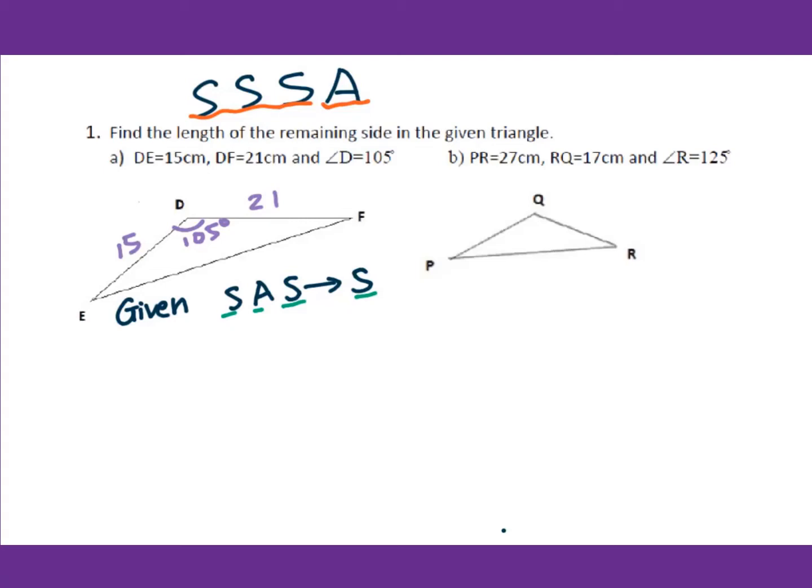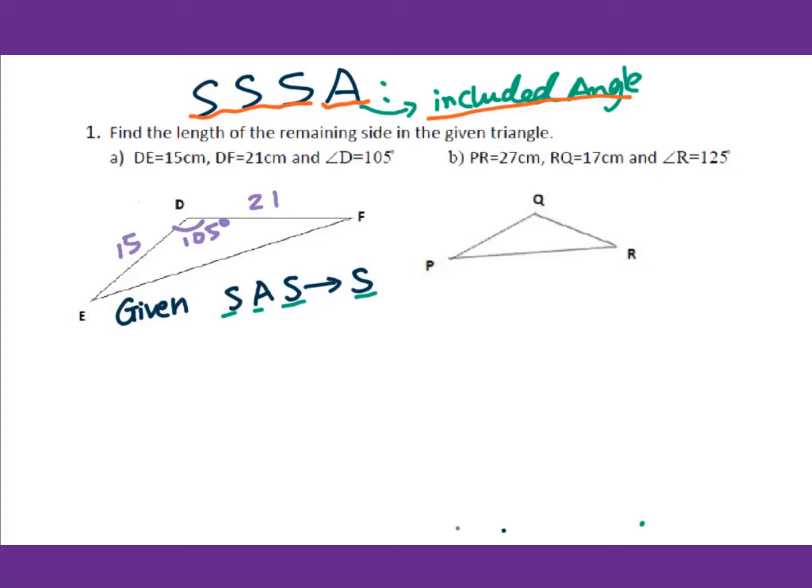And another way to remember cosine law is when you have this angle, it is an included angle. You have to use cosine law. So normally, I always check whether the given angle is an included angle. If it's an included angle, 100% go to cosine law.